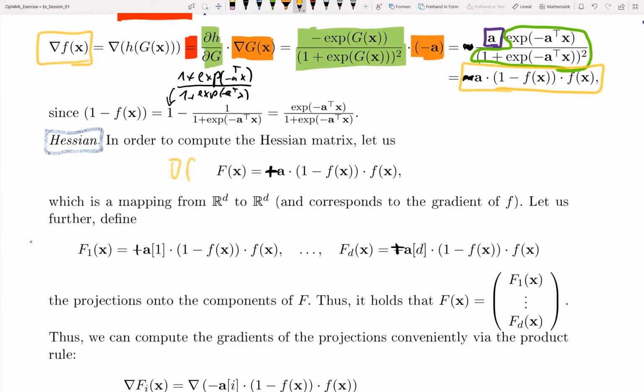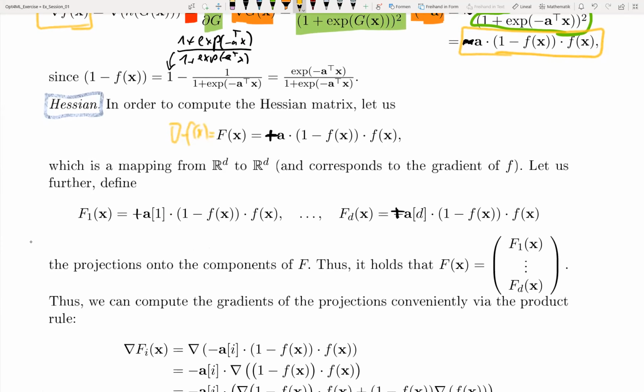So we have our gradient notation. f of x is the gradient, which we can express like this. We look at the components of this gradient function. This is a vector, the rest is a scalar.